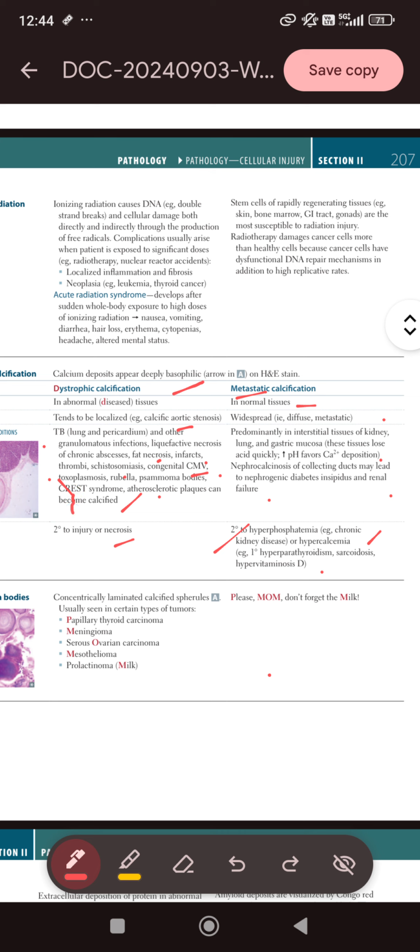These examples are important, keep them in mind. Mainly we get confused in it; it's a simple topic, but remember the examples.